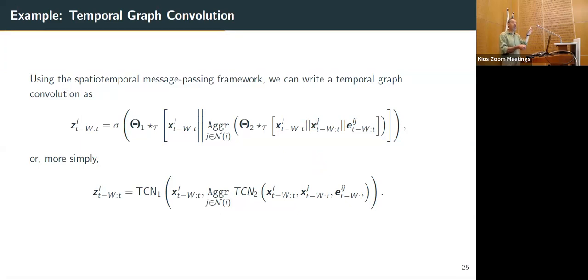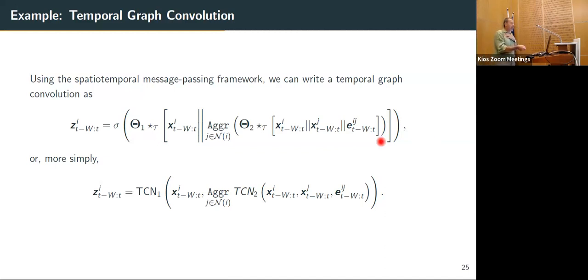You append all the information of a time window associated with the node J. Then you append all the information over time that you get from features associated with edges. So you take everything together, one after the other, a long, huge vector, and you do convolution over that stuff.